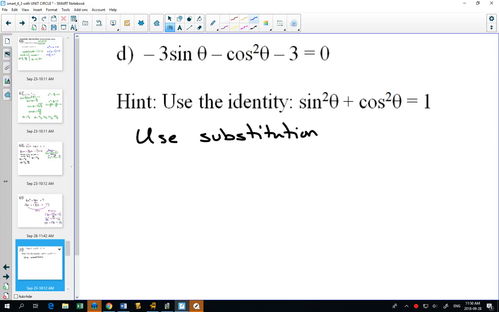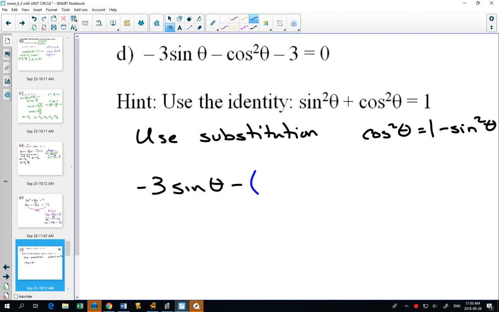In this case, I have a minus cos squared. If I go to this equation, could I get cos squared by itself? Yeah, I could just move the sine squared over. And now I can rewrite my original equation, negative 3 sine theta minus, and instead of writing cos squared, I can now write and substitute in 1 minus sine squared.